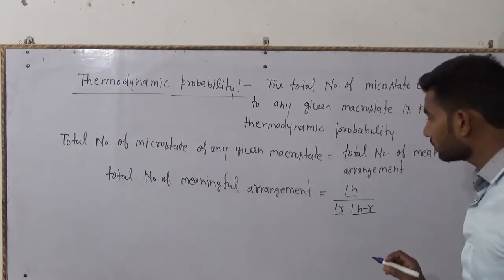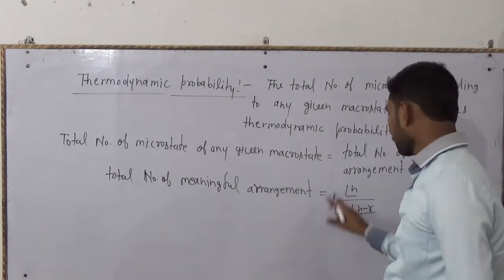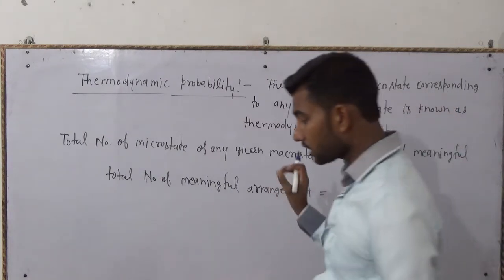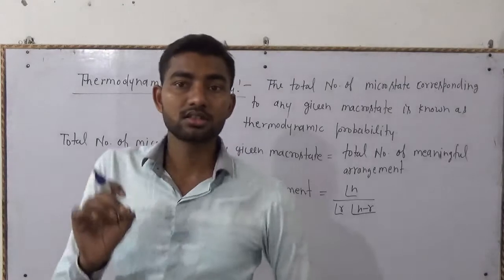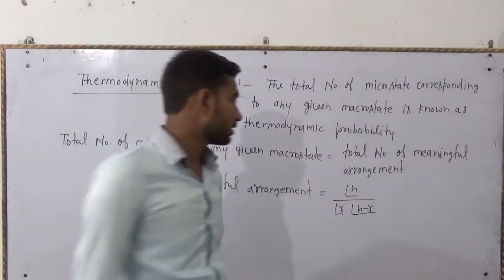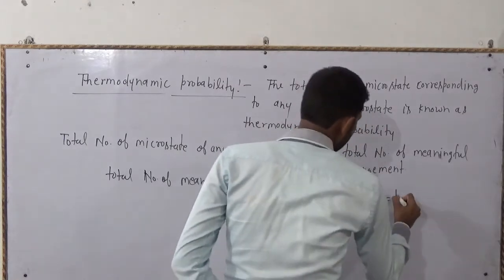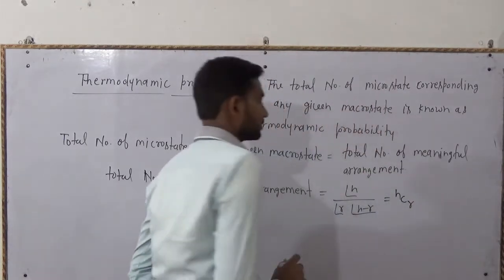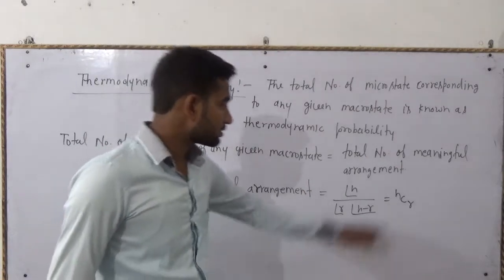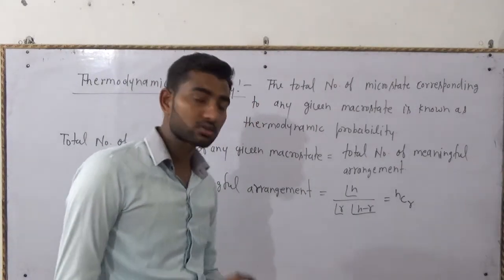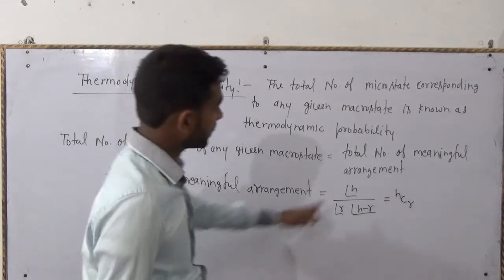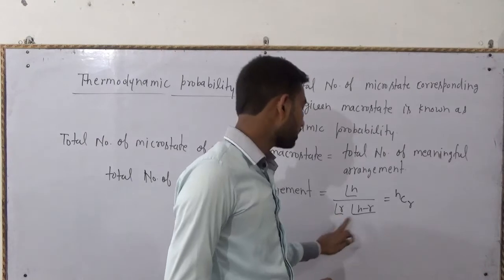All of you have also discussed this formula in class 12. In short form, this formula is known as nCr, or factorial n upon factorial r into factorial n minus r.